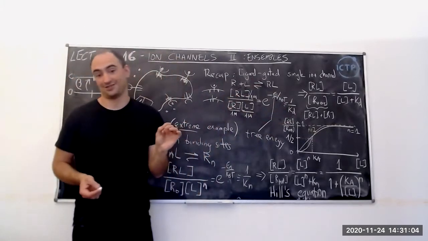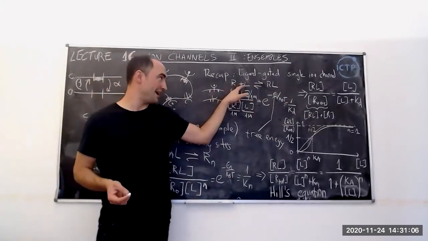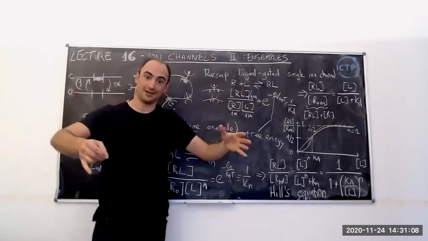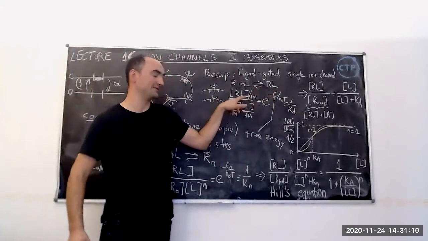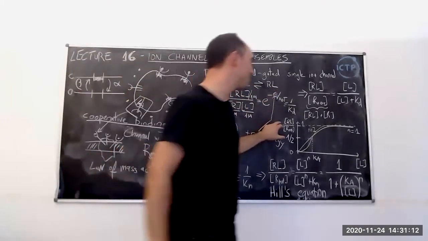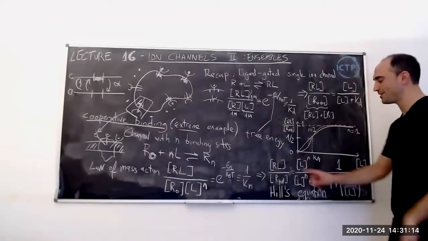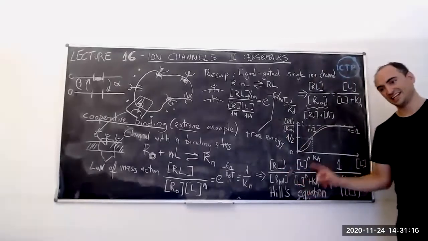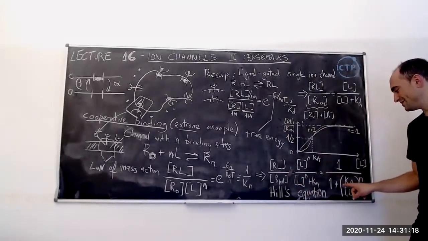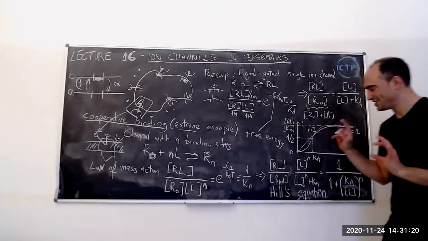So these are the concentrations: how many of these are in a big container, and how many of these are in a big container. This is what I'm plotting here, and this is what I'm calculating. The main point is the following.